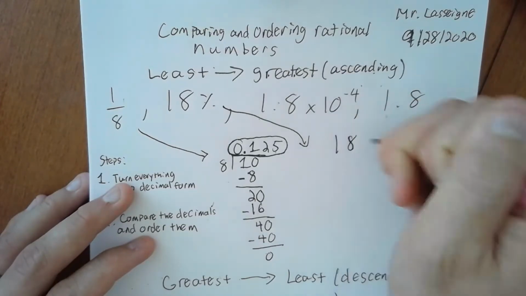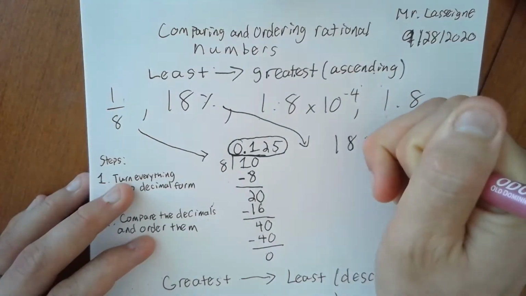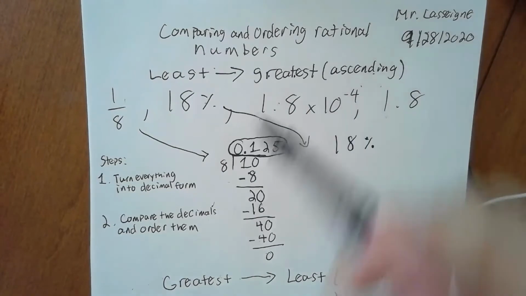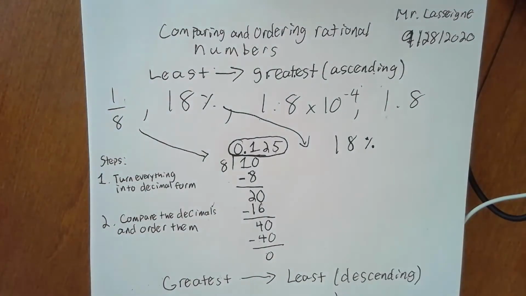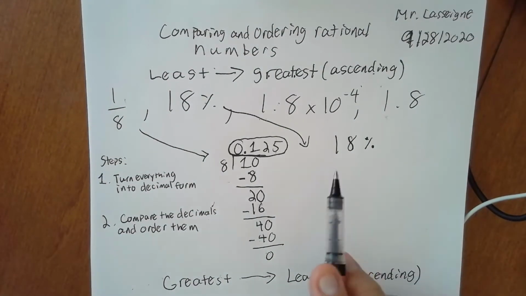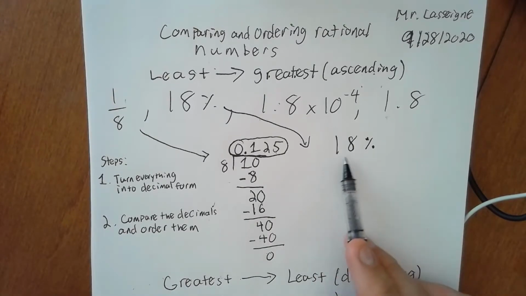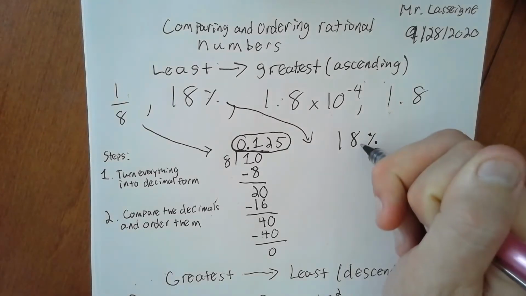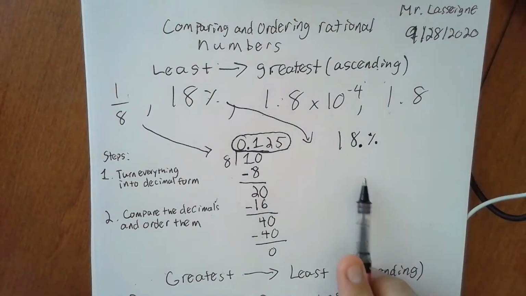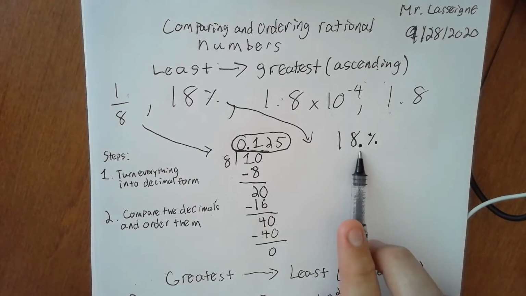Okay, now let's take 18% and put it in decimal form. This one isn't too bad. Anytime you have a percent, first off, you need to identify if there's a decimal. There is no decimal in this percent. So anytime there's no decimal, it's a whole number, and the decimal is really back here behind the last digit.